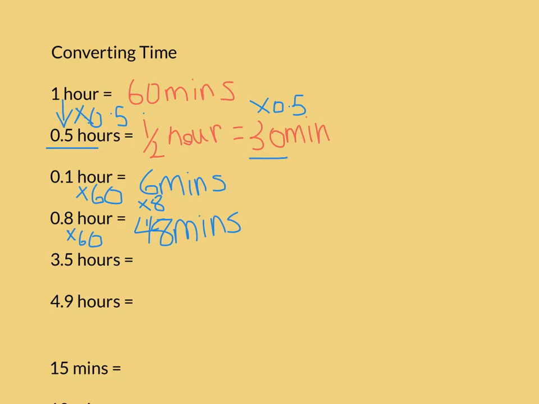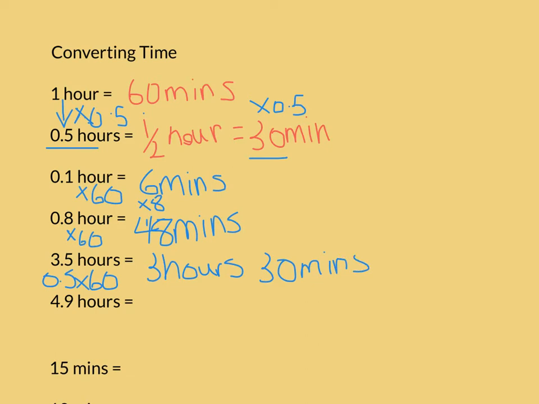In which case, having it separated with hours and minutes is more useful. So I'm going to say straight away that I know it's 3 hours and then 0.5 of an hour. So I would just do 0.5 times 60 and get that 30 minutes. That's sometimes a bit more useful to have.